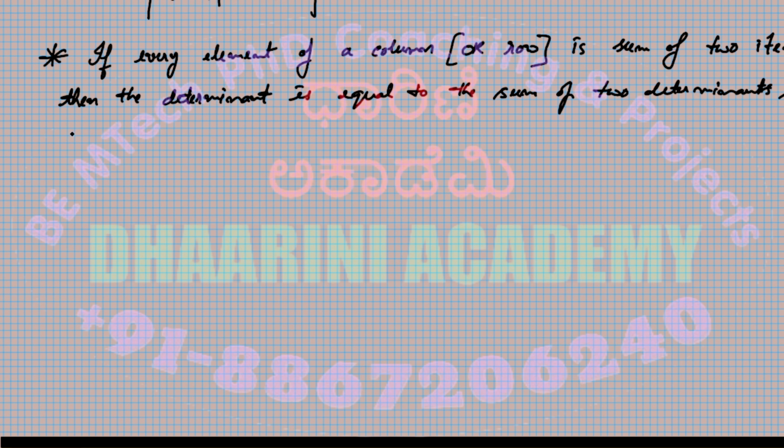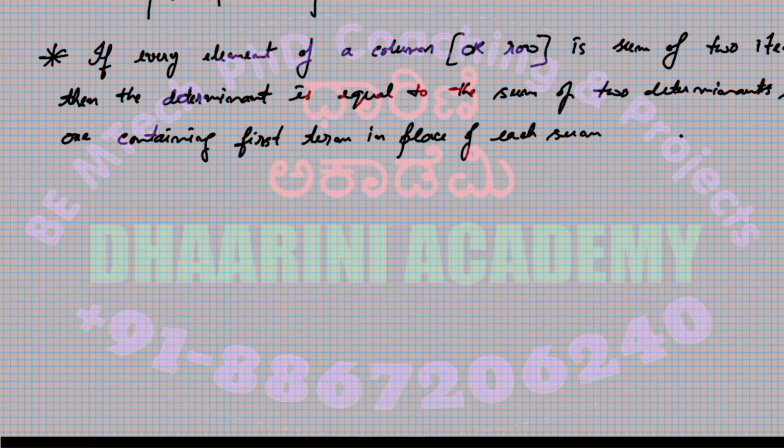What are the two determinants? The first one containing the first term in place of each of the sum, and the second one with the second term of the sum.